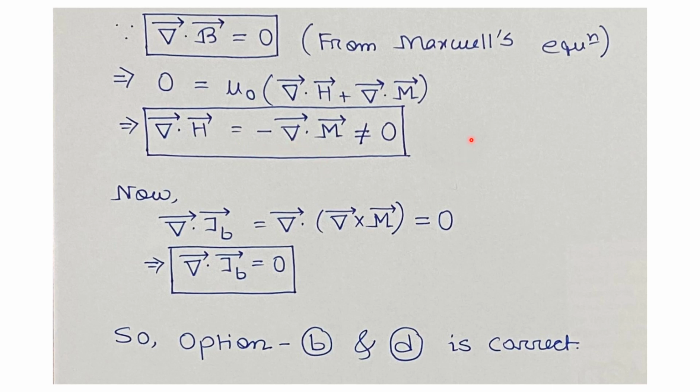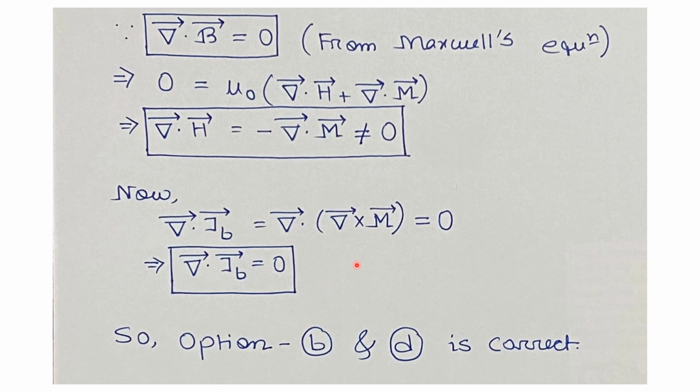Now our system has a volume bound current density JB. This means our system has non-uniform magnetization. So the divergence of M vector for this system is non-zero, and it will give rise to divergence of H being non-zero. Now divergence of JB is divergence of curl cross M, because JB is defined as curl cross M. And this term is also 0, so your divergence of JB is 0.